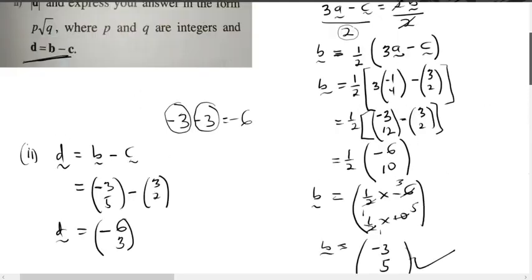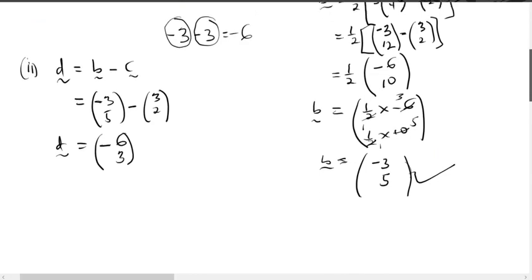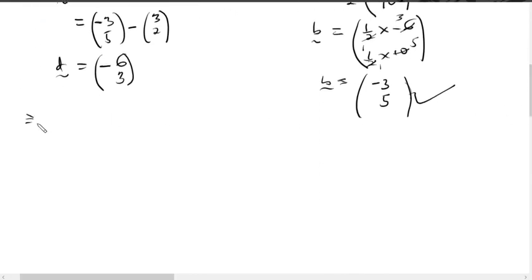If I know vector D, then I can find the magnitude of vector D. So the magnitude of this vector D is equal to the square root of the x part, which is negative 6 squared. And be very careful here. Anytime you are squaring a number, put it in brackets, especially if the number is negative, because if you type negative 6 squared without brackets, the calculator will square the 6 and negate it, and you are going to get negative 36, which is wrong.